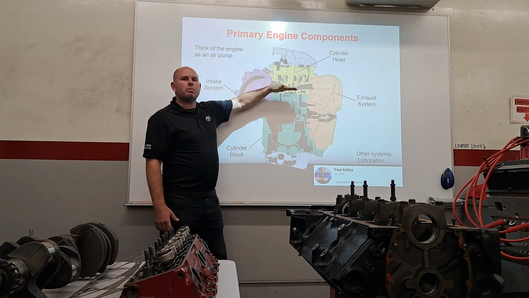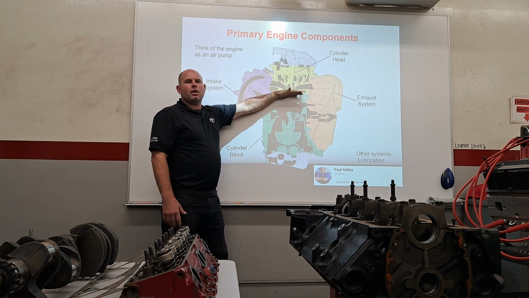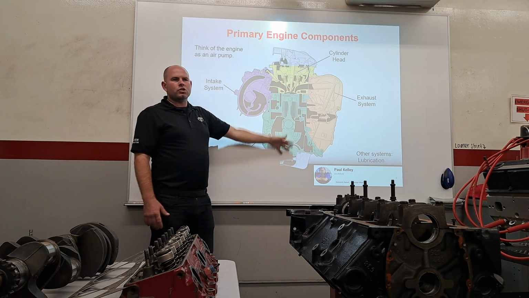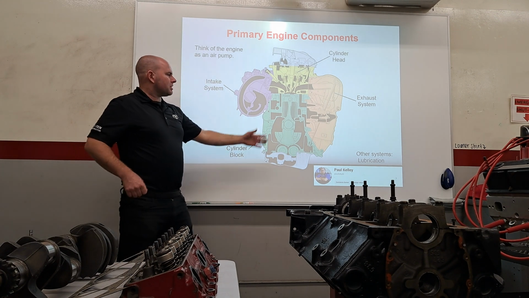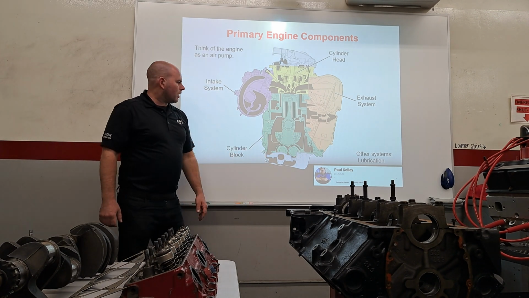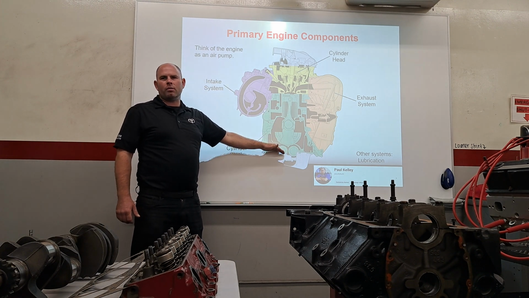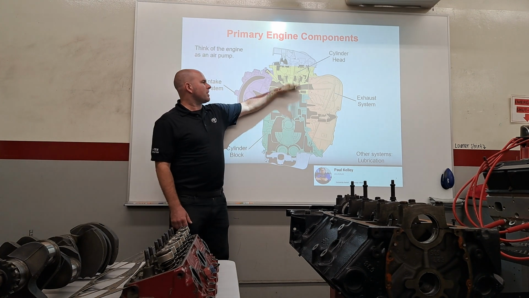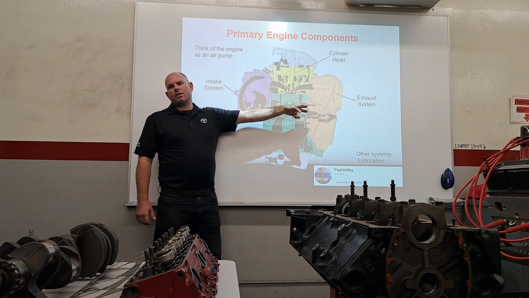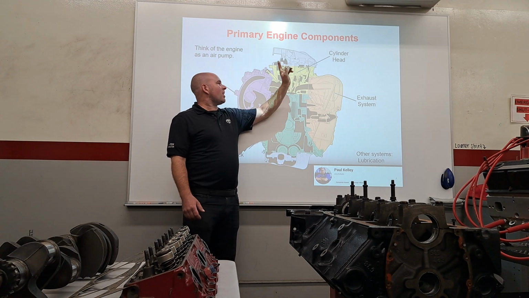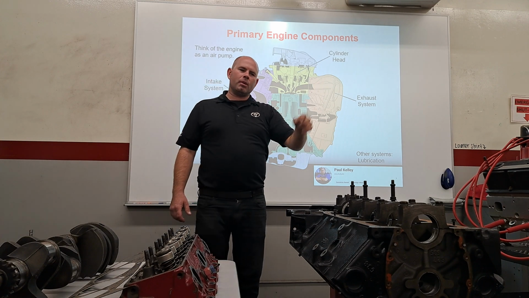Right here where the head gasket would be, above the head gasket is the top end, below the head gasket is the bottom end. So if you have a problem with a piston or a crankshaft or a bearing, that's all bottom end problems. Whereas if you have a problem with a valve, that'd be a top end problem. In this case, I'd say if you have a cam, that's a top end problem.